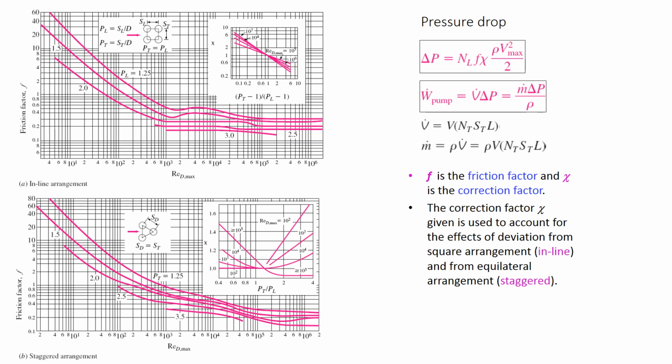On your left hand side, we have two friction factor charts: on the top is the inline arrangement and the bottom is the staggered arrangement.